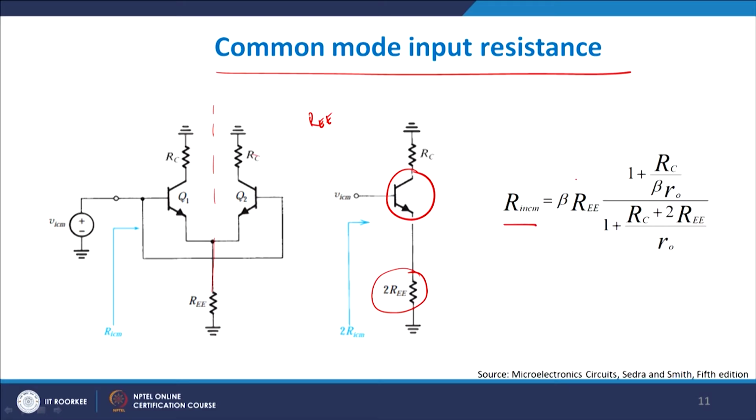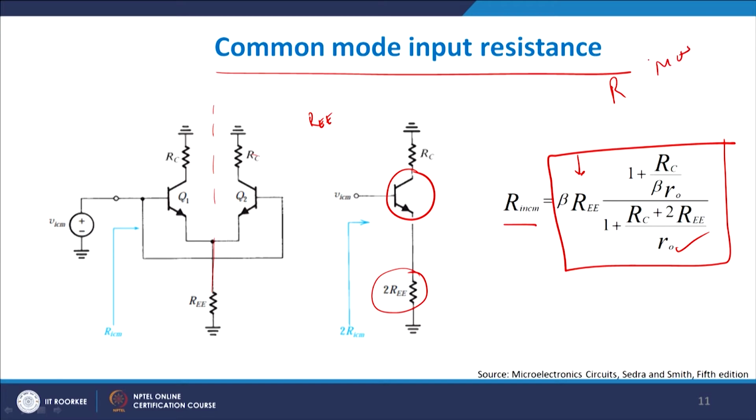RCM comes out to be just a definition, I am not deriving it in the class: it is beta times RE upon 1 plus RC upon beta RO, and this is the value of your RE in CM. So this is the input resistance. It is actually infinite in the case of MOS differential pairs, but it will have a finite value when you take this into consideration.